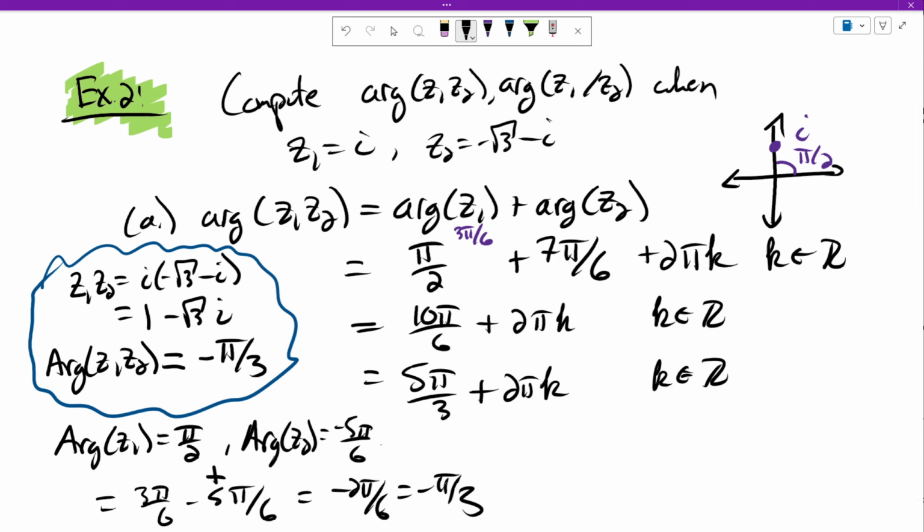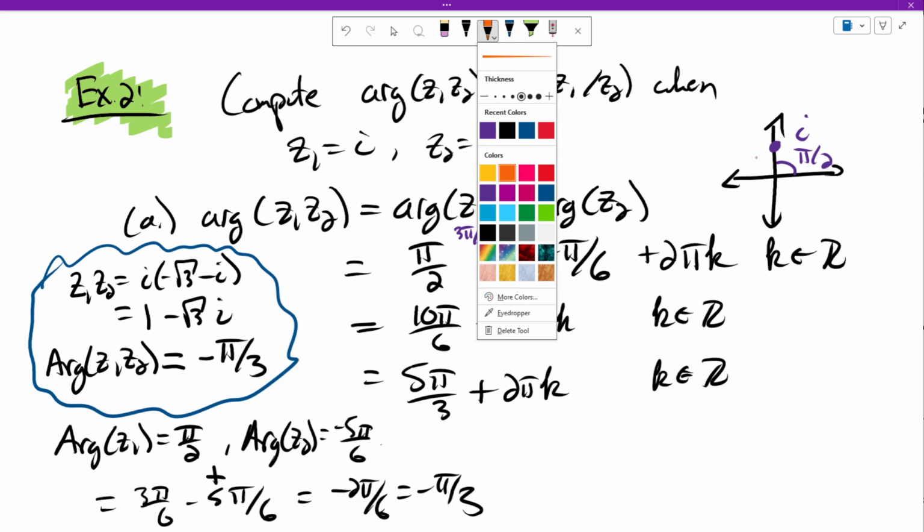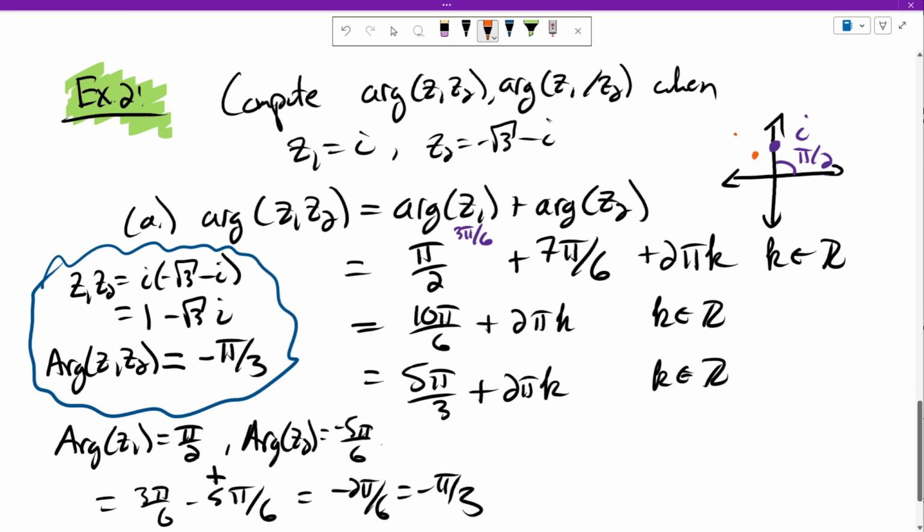If we were, for example, to take 2 points on the line y equals negative x, call them w1 and w2, arg w1 would be 3 pi fourths, and that would also be arg w2.